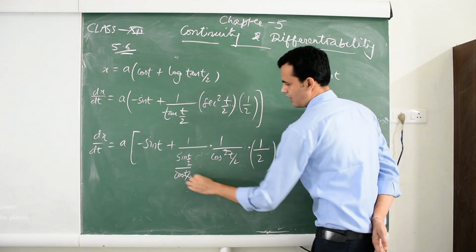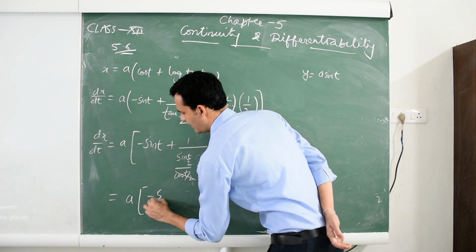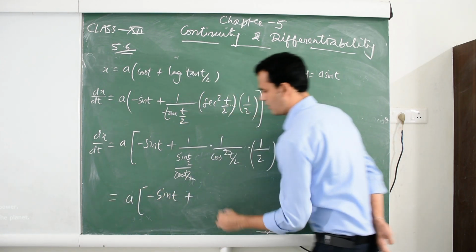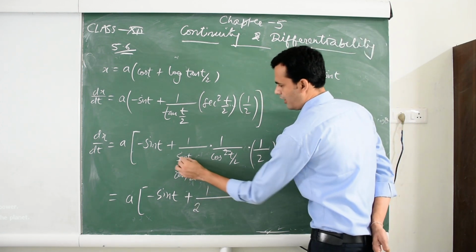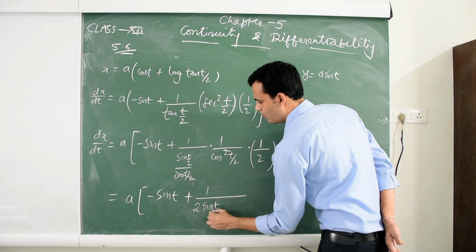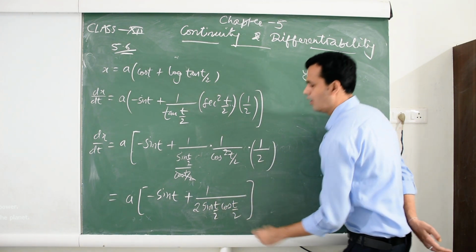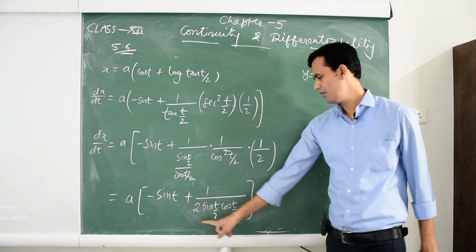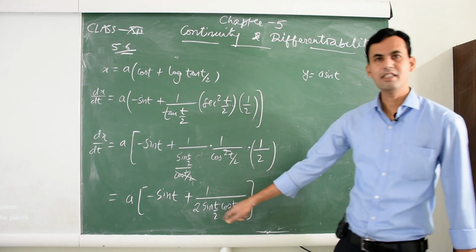This cos cancels by cos, so we get minus sin t plus 1 upon, if we write this 2, then sin t by 2, then cos t by 2. This is the formula of sin t. Okay, 2 sin t by 2 cos t by 2 is the formula of sin t.